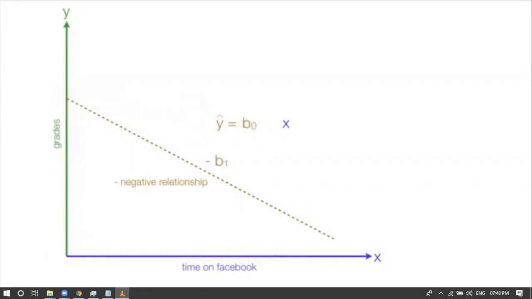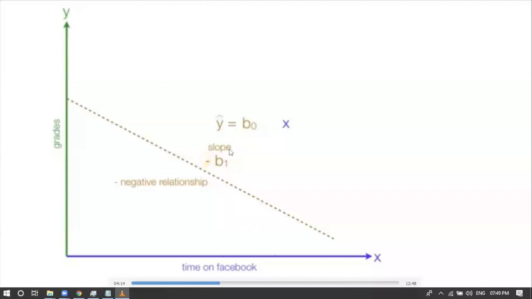Why? Because you have a negative relationship, or a negative slope line. If you try to find the slope of this line, you'll find that it will be negative. That's why we have a negative symbol here. And x is again the independent variable.